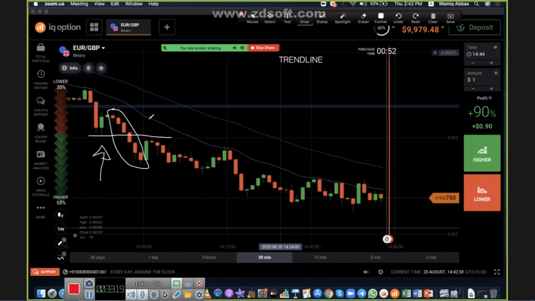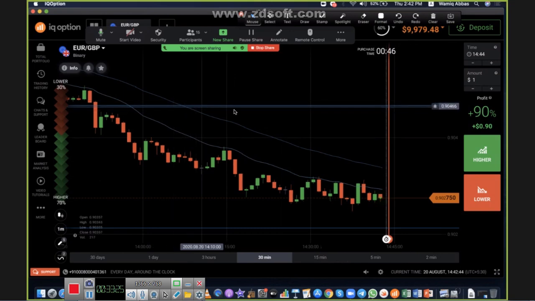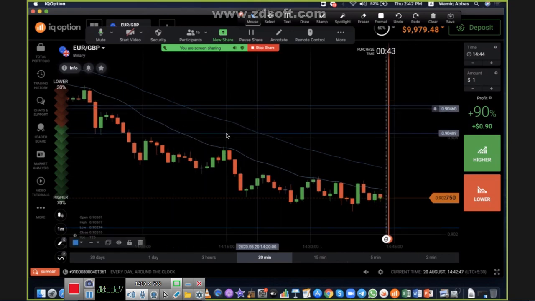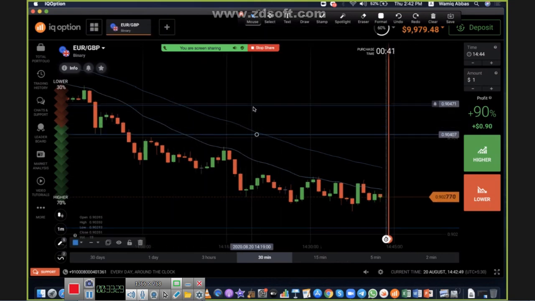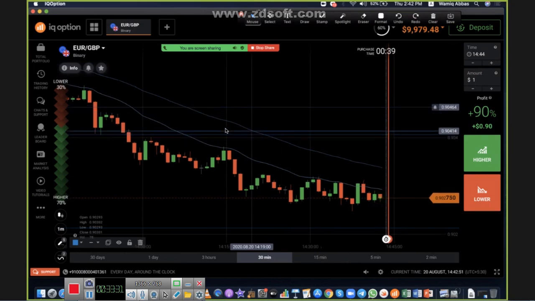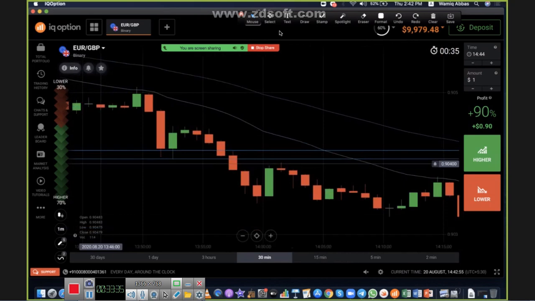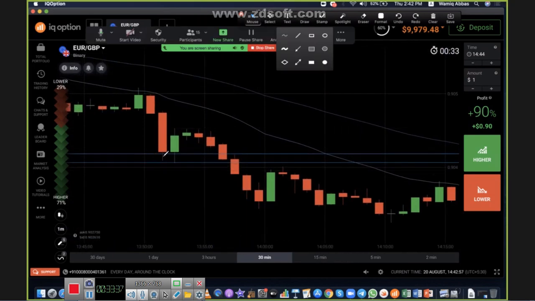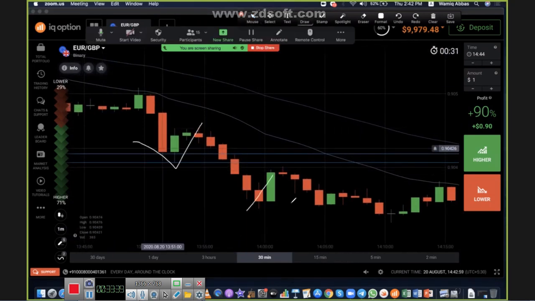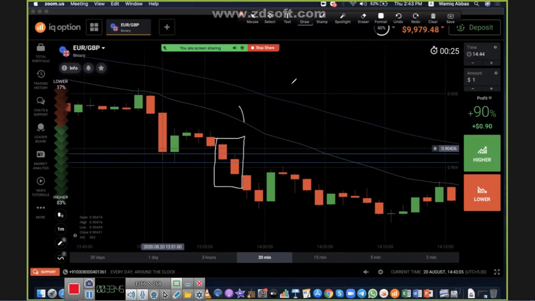Am I right? Okay, so for example I'll just consider this only. I'm going to draw this thing. Moreover there is a round number also, I'll come back to that. This was a support; after breakout this will become resistance. I have clearly mentioned that after a true breakout, this is a true breakout, correct, where the trend is actually leading into a downtrend now. Am I right?